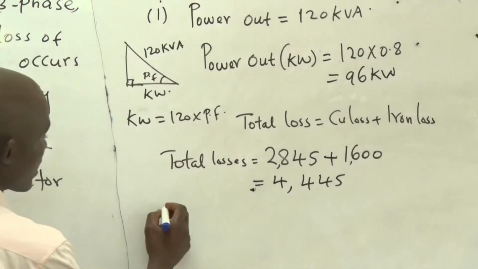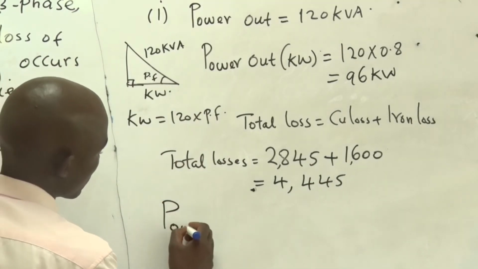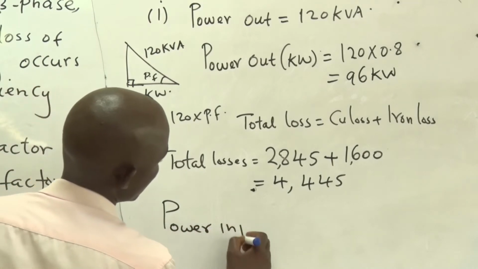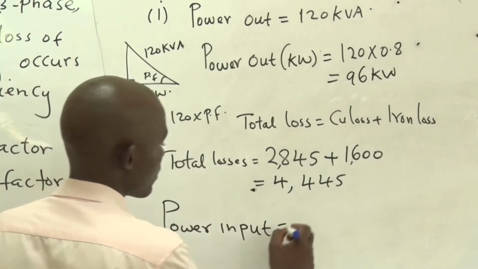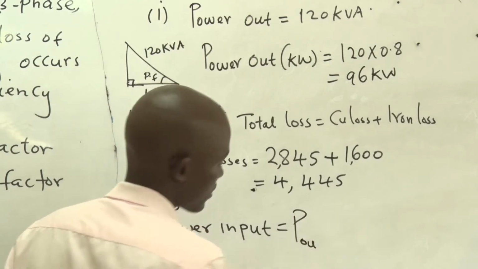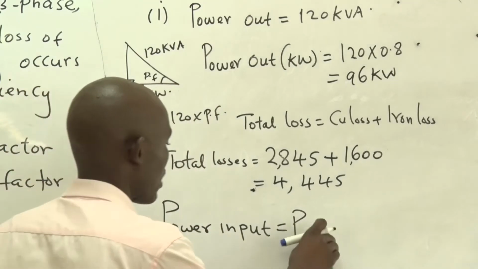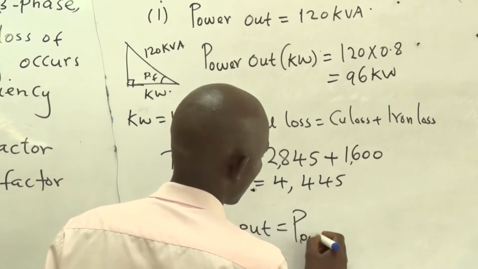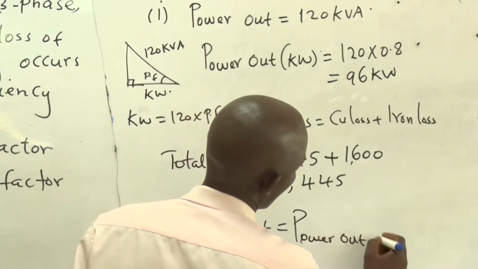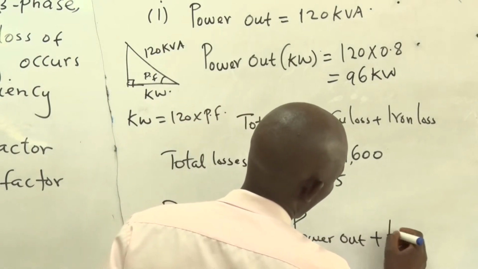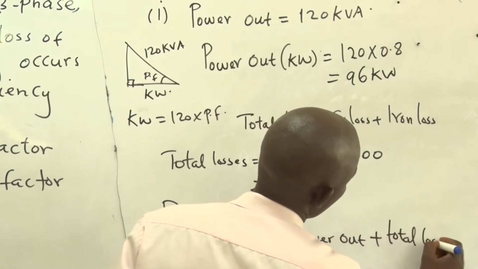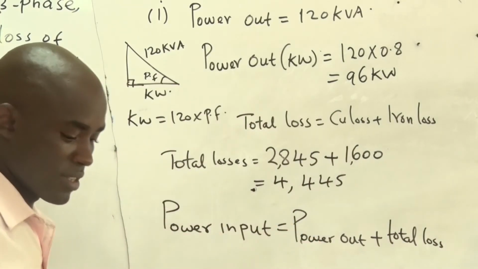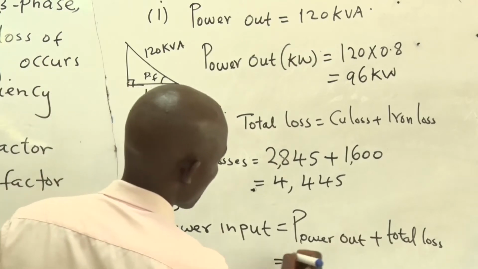Once you get that, we can now get the power input. Power input is equal to power out plus the total losses. This gives us the power input.